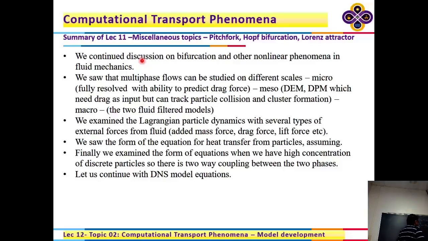Because this dot, when you expand it, will give you something like this: Vr d/dr of v theta plus v theta over r dv theta/d theta plus vz dv theta/dz. Vr is 0, so this term drops out. Vz is 0, so this term drops out. And v theta is not a function of theta, so this term drops out.